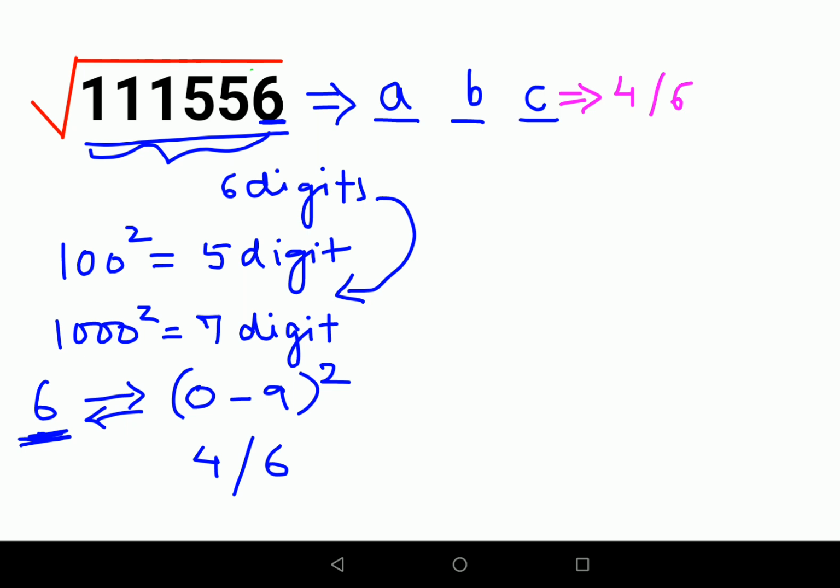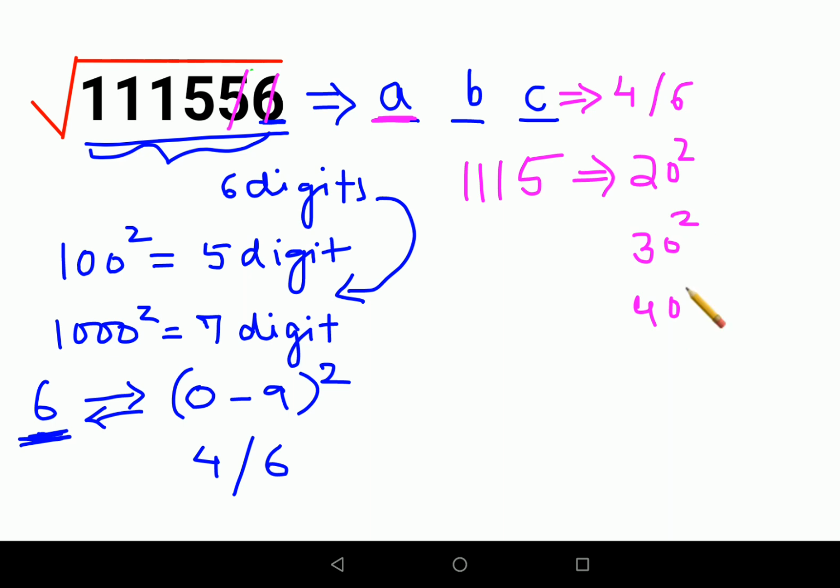Next thing to realize is that we are finding a square root, so we need to cancel 2 digits from the right. Now we'll focus on 1115. First, let's understand what the value of A will be. For that we'll try squares of 20, 30 and 40.